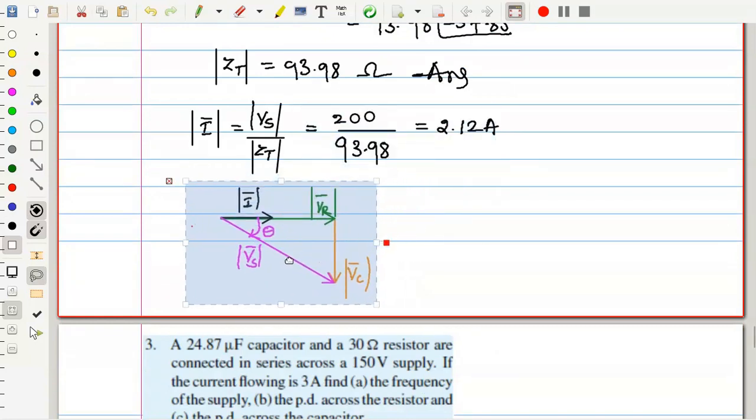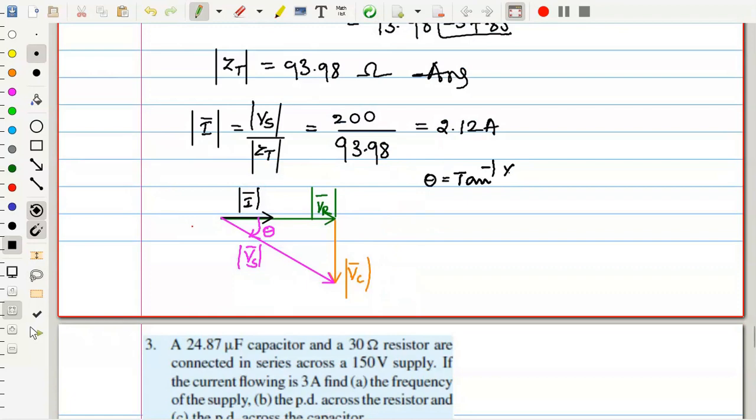Now, what is theta? Theta is the angle of the impedance. So theta can be written as tan inverse of Xc by R, that is imaginary part divided by real part. Of course it is tan inverse of minus Xc by R, but that minus is already considered in the clockwise direction, so it is tan inverse of Xc by R.